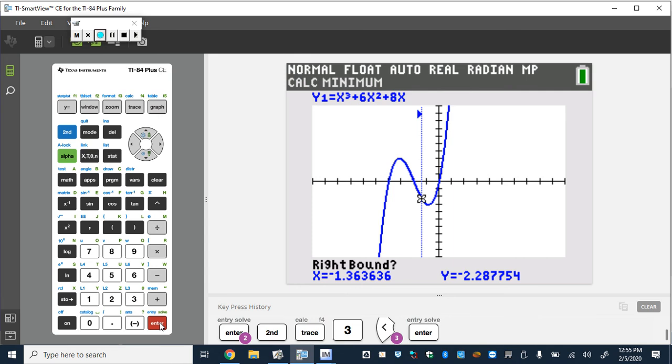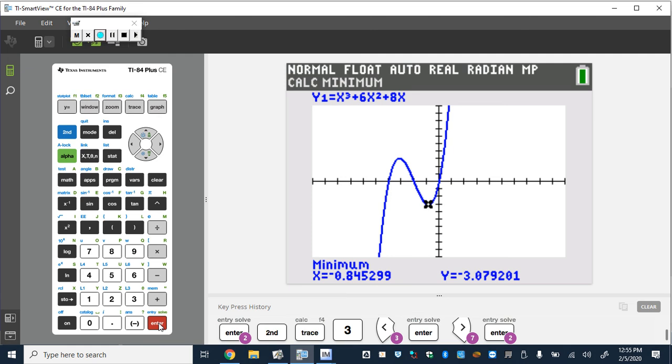The right bound. So now I'm going to go over to the right side, and I'm going to hit enter. And then it asks me for a guess, but do we ever really waste our time with guesses? No. Hit enter. So where's our minimum actually at? I got x is negative 0.8.